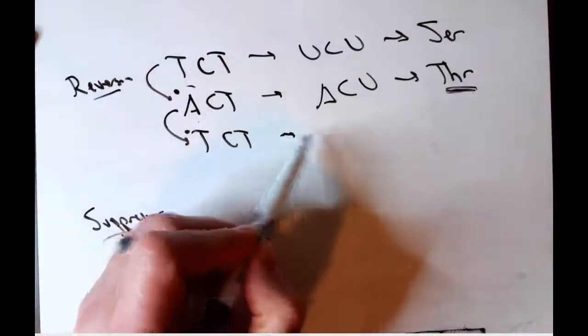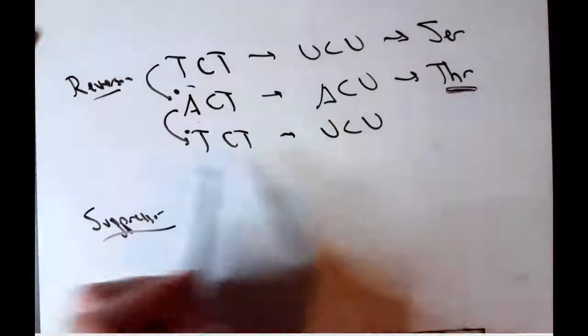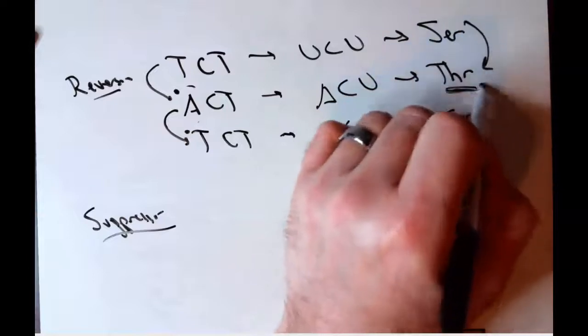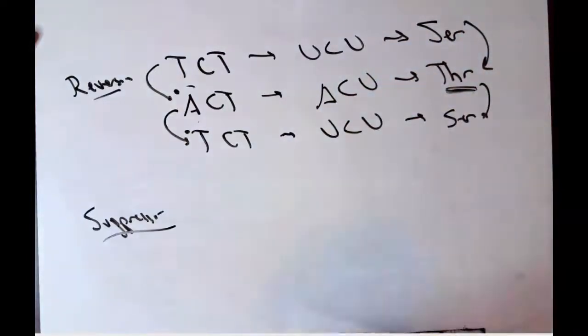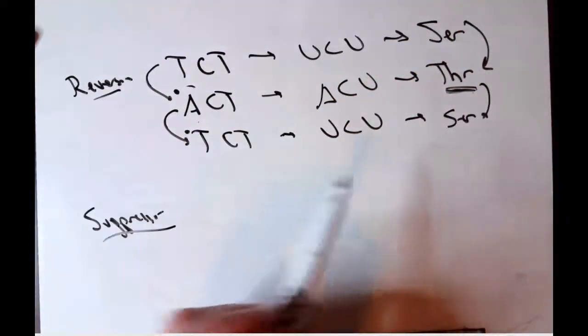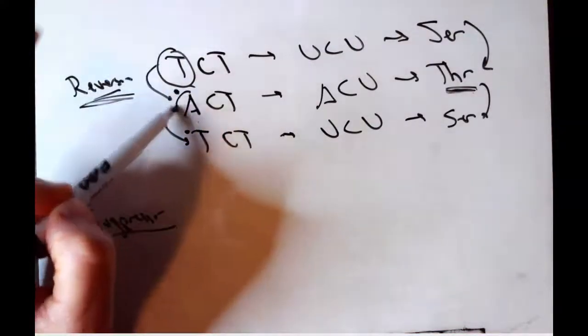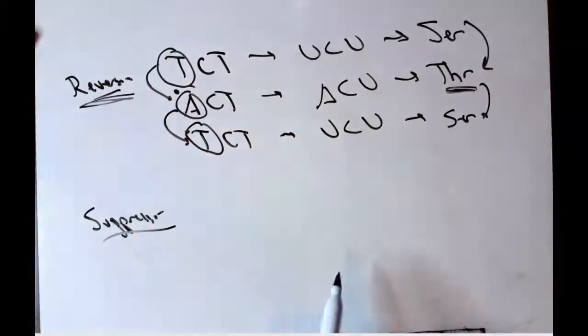Well, we already know that that whole codon is going to transcribe as UCU, which is serine. So we've gone back to the original amino acid. We've restored the wild-type sequence of the protein. That's a reversion mutation. We mutate from one base to another, and then the secondary mutation mutates us back to the base we were supposed to be.